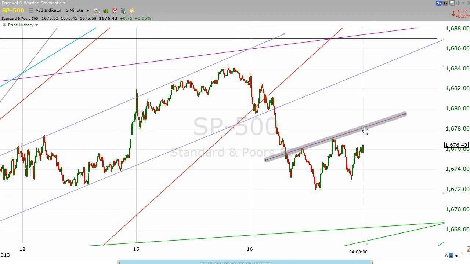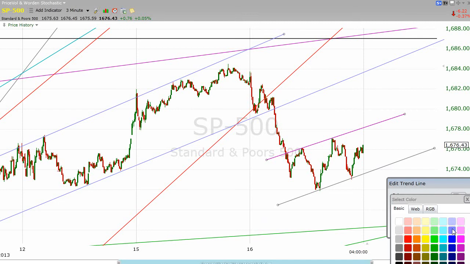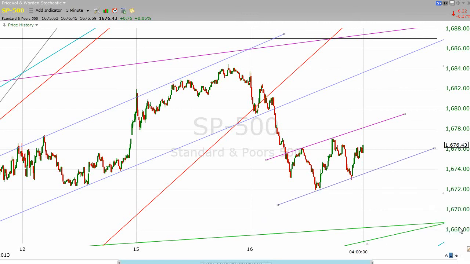I cannot tell you which it is, but I can tell you that we've got enough data points on the chart to where we can draw these lines and go into tomorrow's trading with the idea that if our lower line breaks, then I would expect a move down to test the 1668 and change level at least.